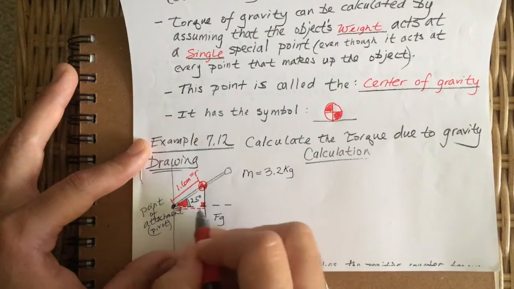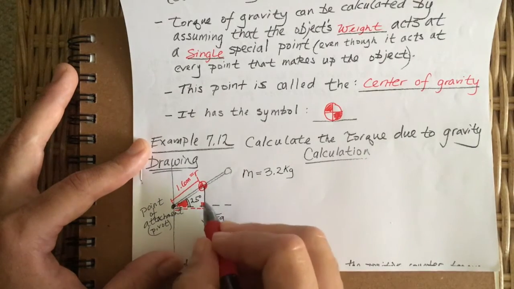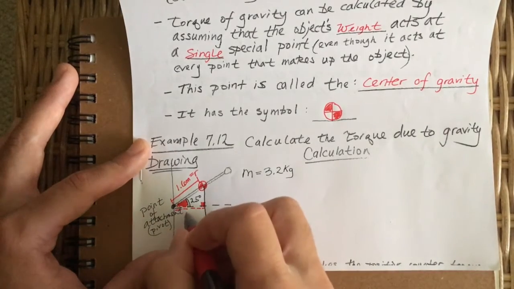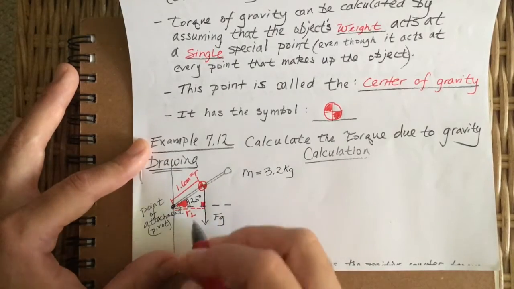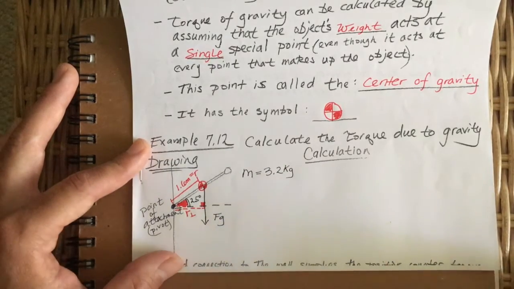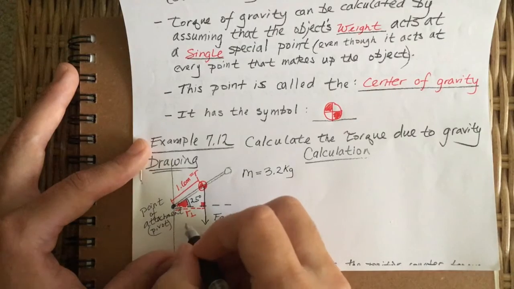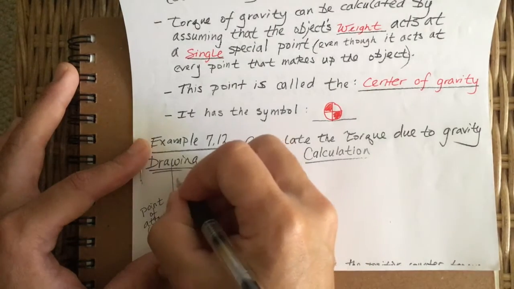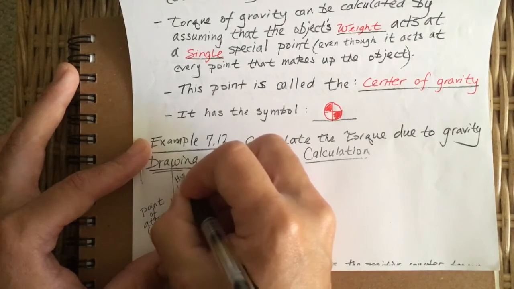And we know that this shortest distance between the pivot and the line of action, or the force line, is called the moment arm, and the moment arm is also referred to as R perp. So R perp is going to be set up as a right triangle here where it's going to be the adjacent, right? And across from 90 is going to be my hypotenuse.